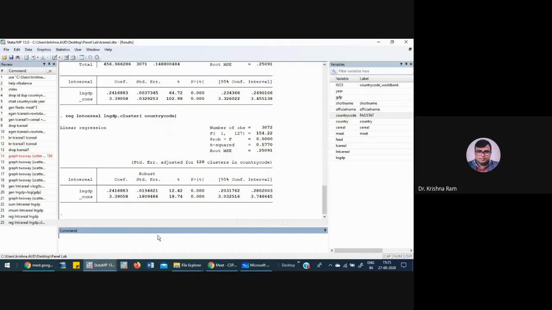Now we compare both of these two regressions. In the earlier case, we are getting a substantially low level of standard error, because of the autocorrelation problem, because the error terms are related with one another within a cross-sectional unit.